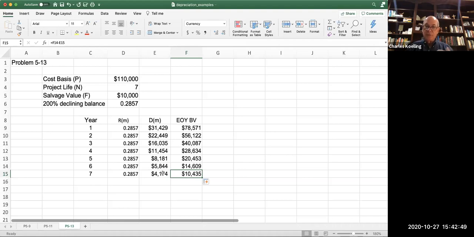We could continue to depreciate this for many more years, just continue with the same rate, and get the book value on down there, should we wish to. As I said in class, the book says that you must somehow get to the salvage value.